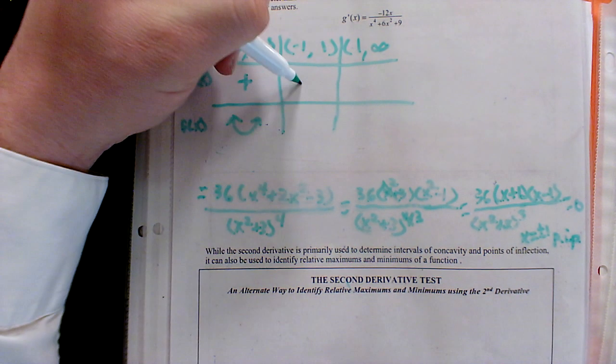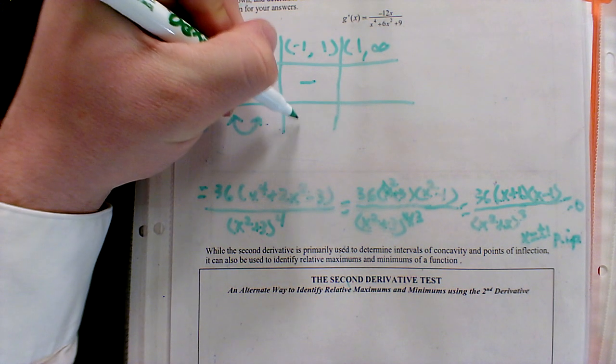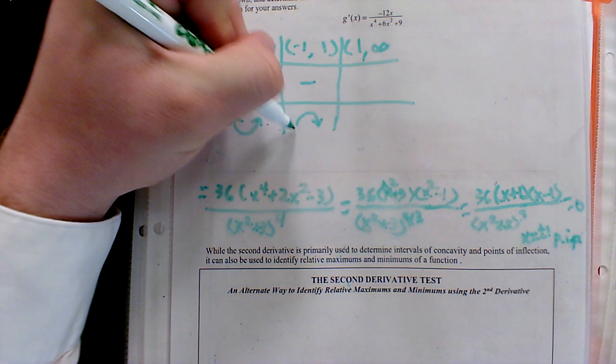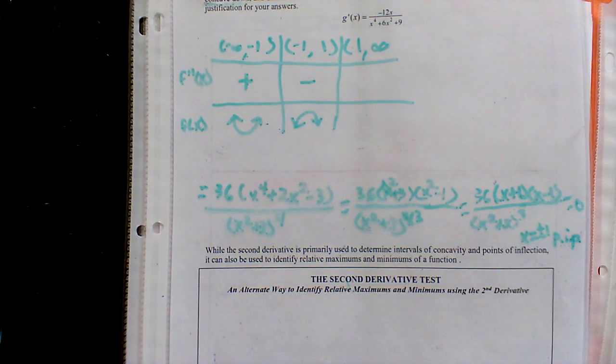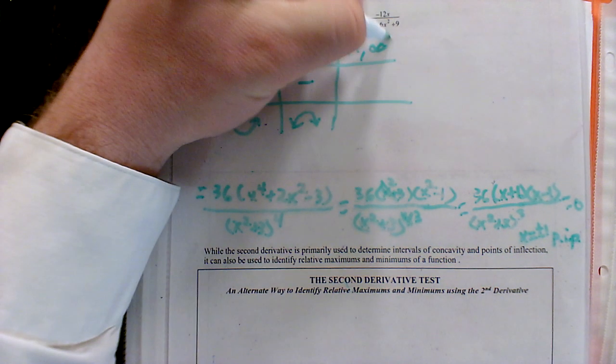You get negative, very good. So f of x has to be concave down. And lastly, check the last interval.